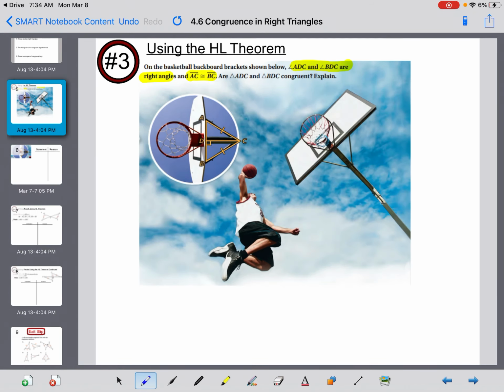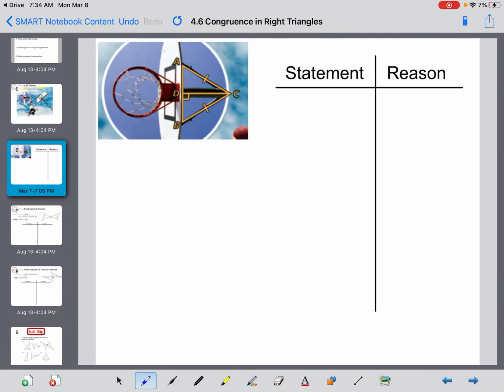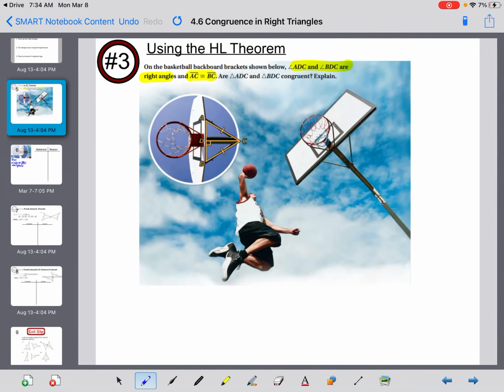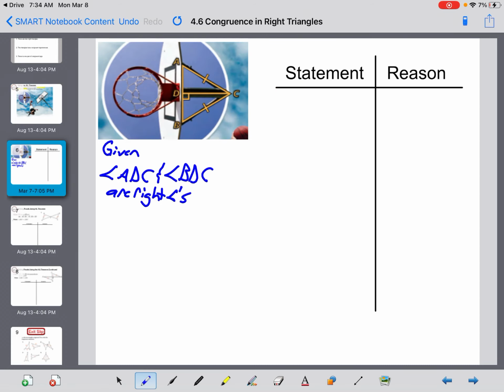So first is angle ADC and angle BDC are right angles. And next they tell us that side AC is congruent to BC.